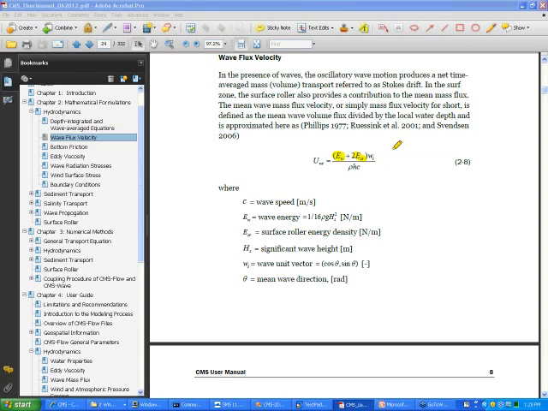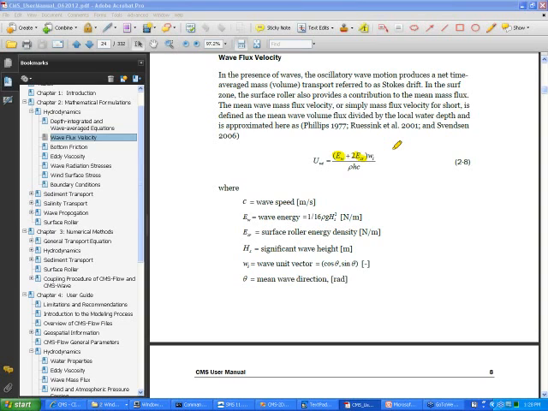The reason why we do that is because for some field applications, you get better results if you don't include the roller mass flux. And this has to do with the depth averaged approximation, because it's a 2D model, where there's no vertical variation in the current velocities.